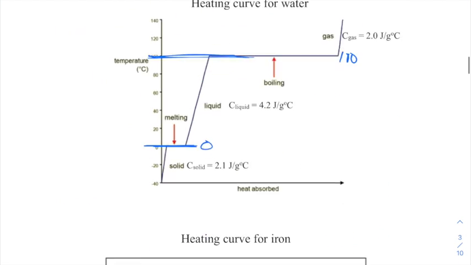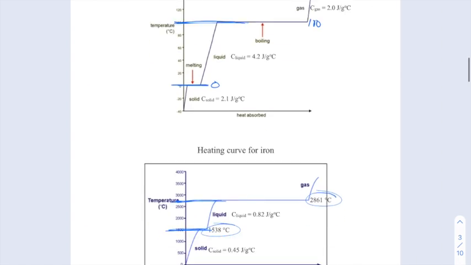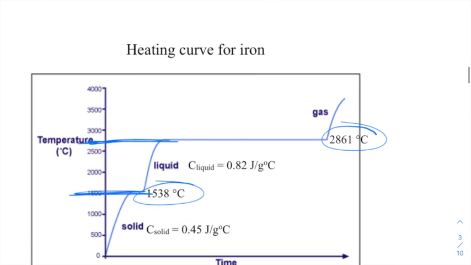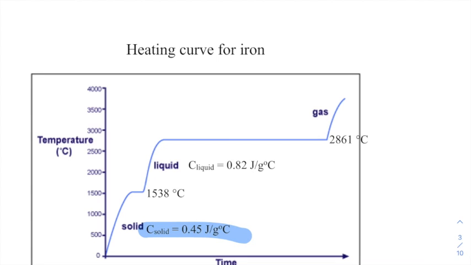So if you were to use 0 and 100 for iron, you'd be way off, because iron is a solid all the way up to 1538 degrees Celsius before it melts. And then you have molten or liquid iron. Please note that solid iron has a different specific heat capacity than liquid iron.